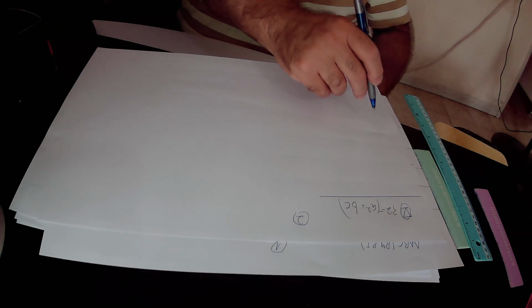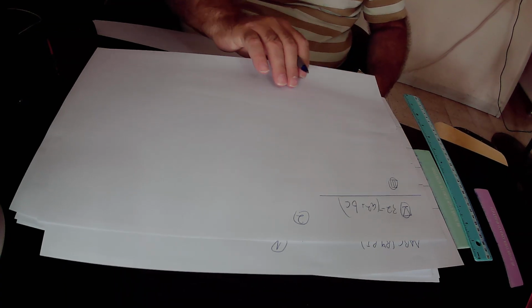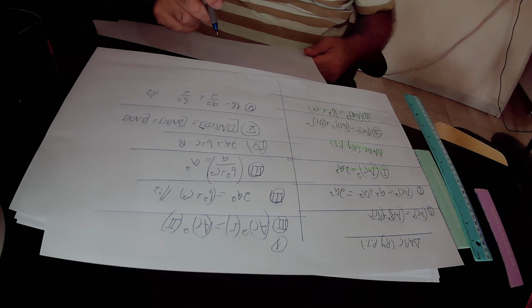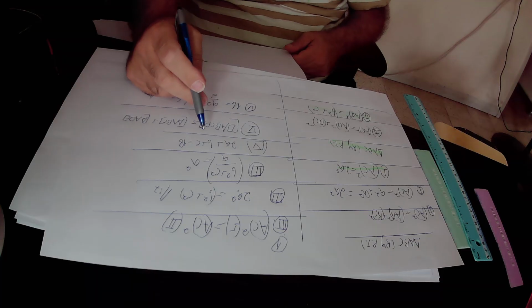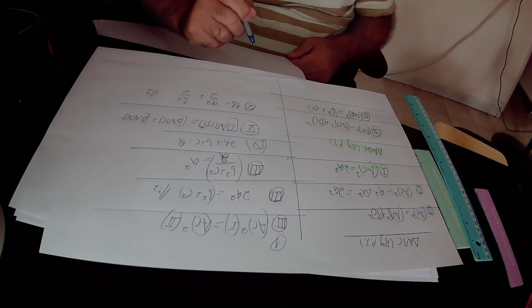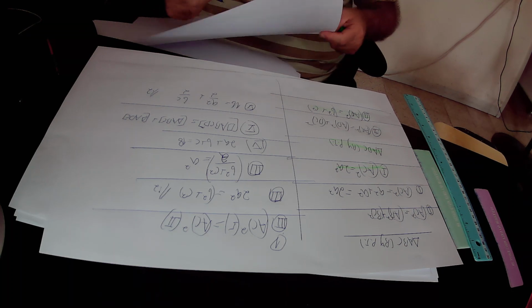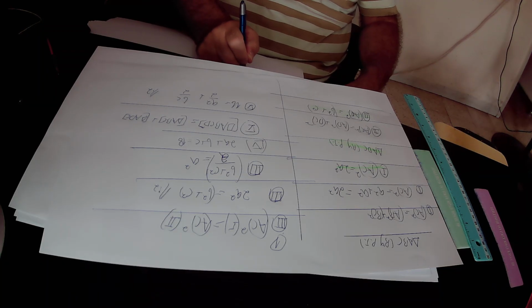According to equation 3, we found that A squared equals B squared plus C squared over 2.